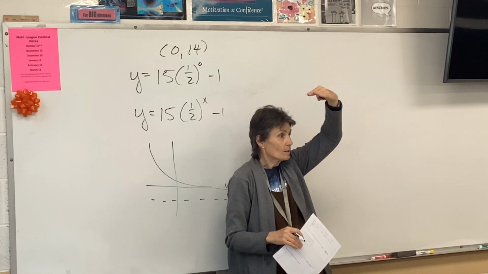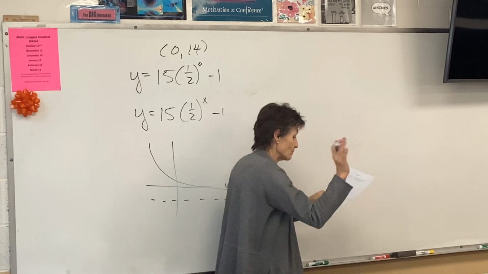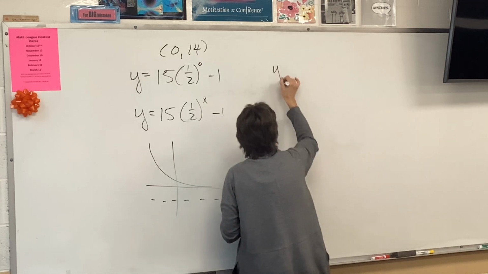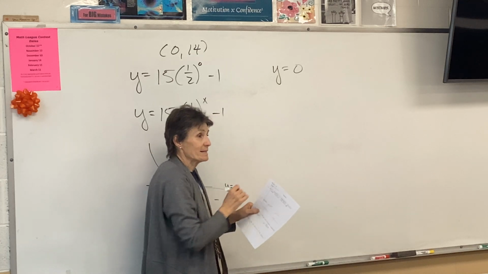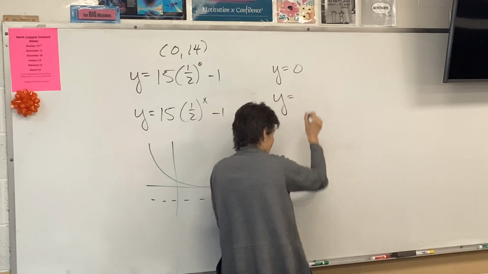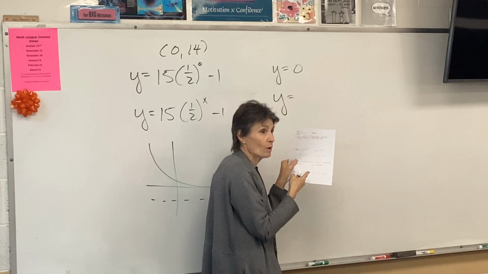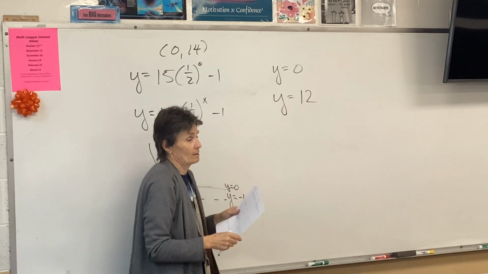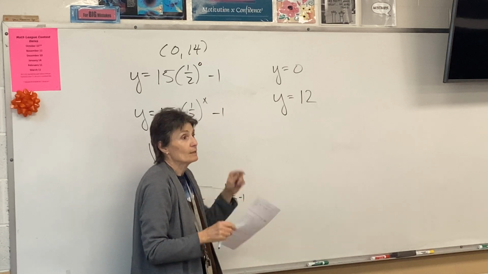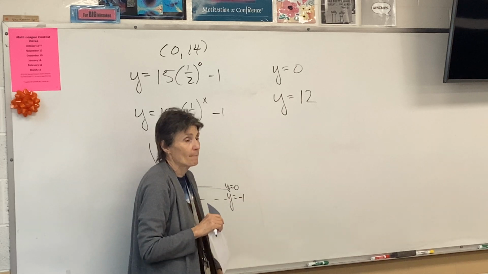So we already know one. My bottom asymptote is going to be 0. And my top asymptote is going to be, what's my limit to growth? 12. So there are your asymptotes, done. Logistic, two asymptotes, top and bottom.